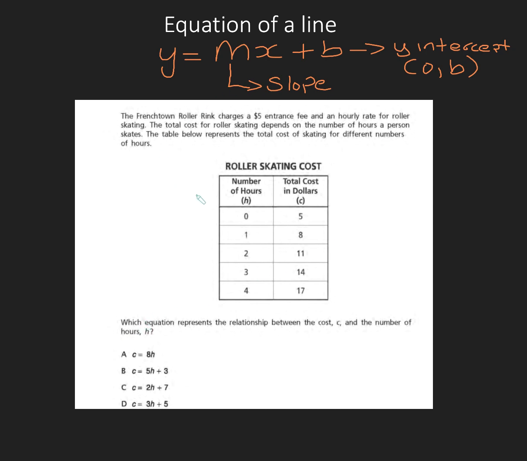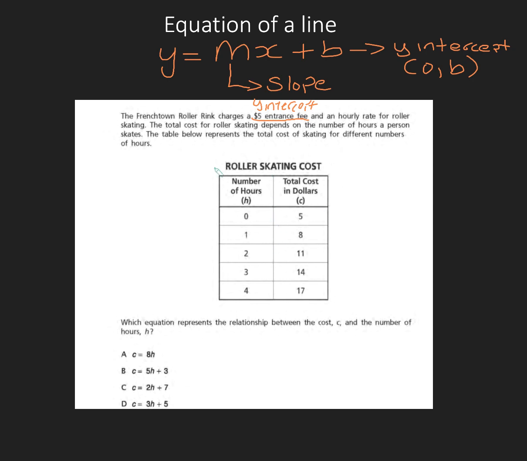Now, when you read your problem, some of you may have realized that this $5 entrance fee is actually your y-intercept, because the y-intercept is your initial or beginning value. If you didn't figure out that the y-intercept was 5, you could have gone to the table.